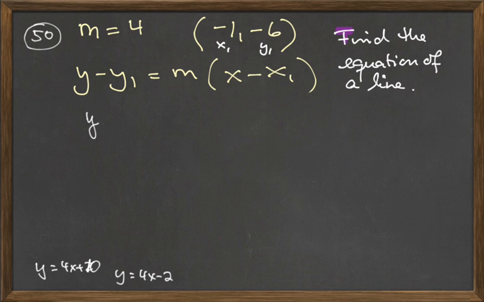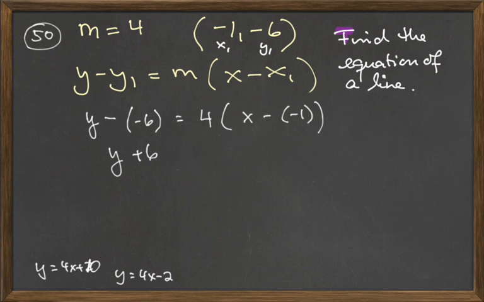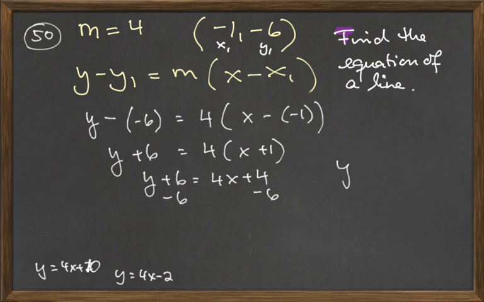You always look at me like I know the answer. I haven't done the problem. y minus -6, be careful about the sign, equals 4 times x minus -1. So y plus 6 is 4 times x plus 1, first of all. y plus 6 equals 4x plus 4.